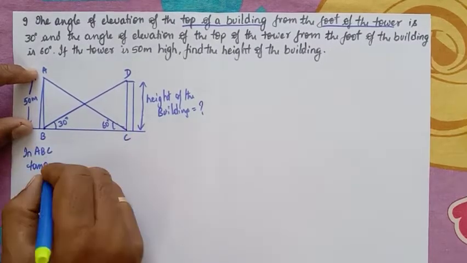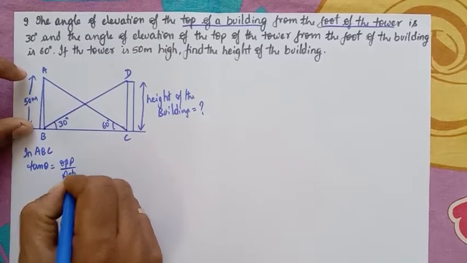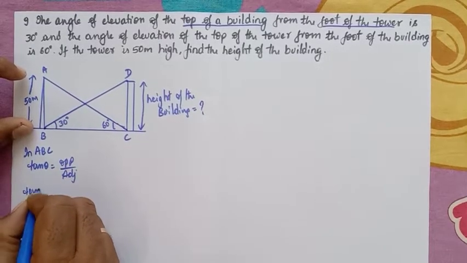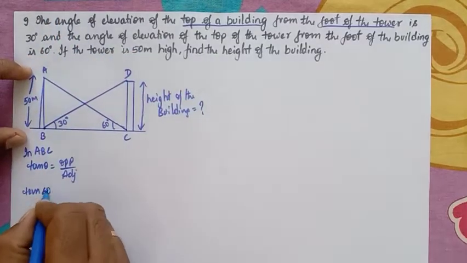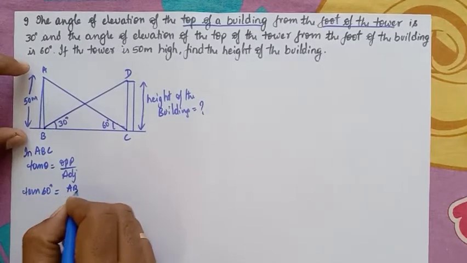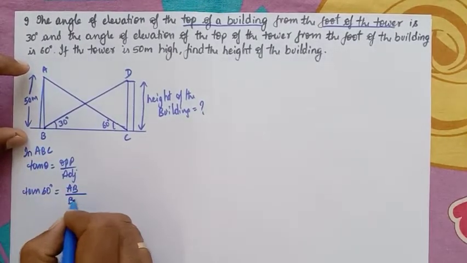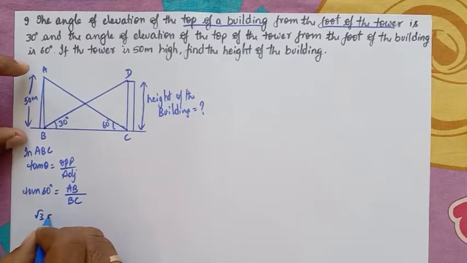Tan theta is equal to opposite by adjacent. Here tan 60 degree is equal to opposite, which is AB, by BC. Tan 60 degree is root 3. What is AB?